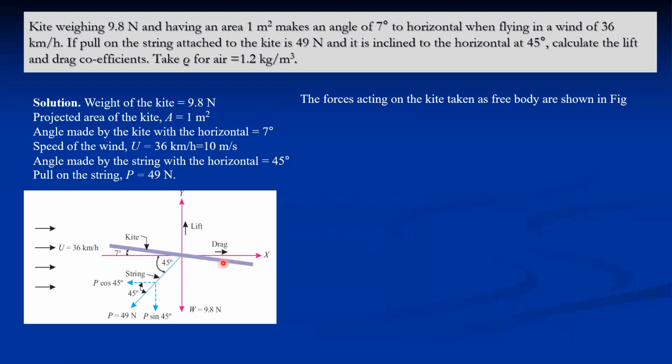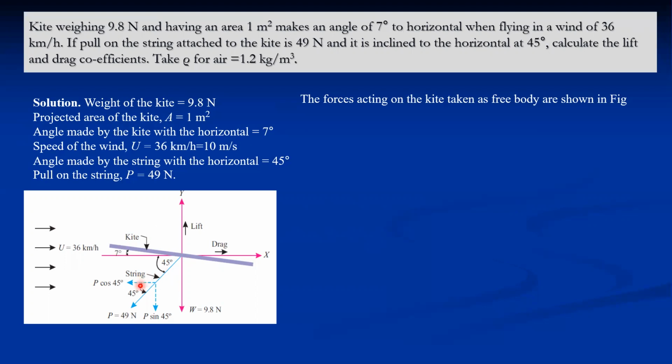Lift force acts perpendicular to the direction of motion and drag force parallel to the direction of motion. The pull on the string attached to the kite is 49 Newton, and it is inclined 45 degree with the horizontal.